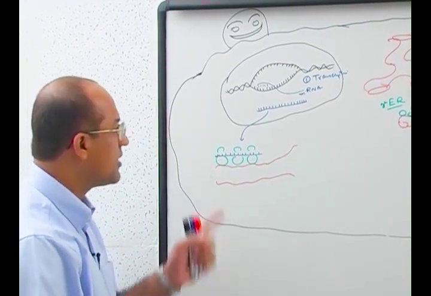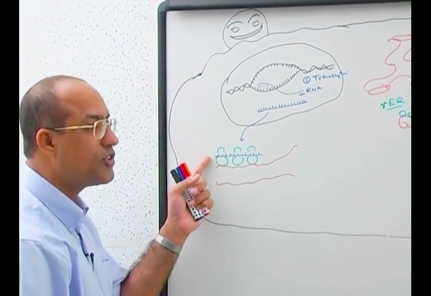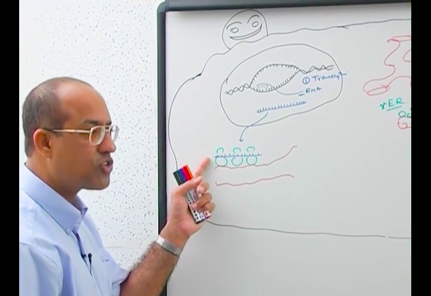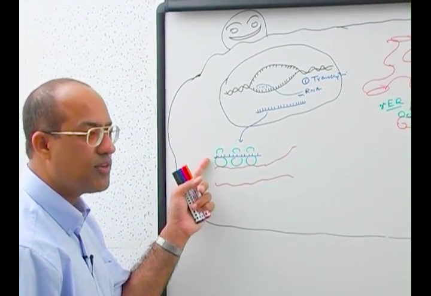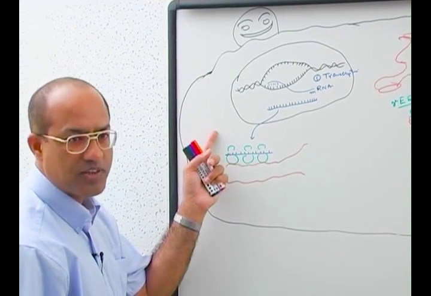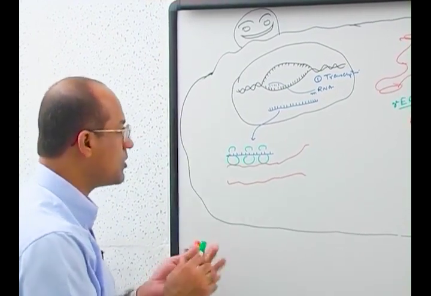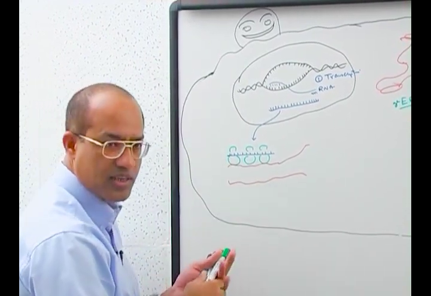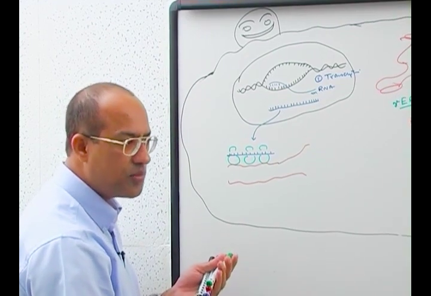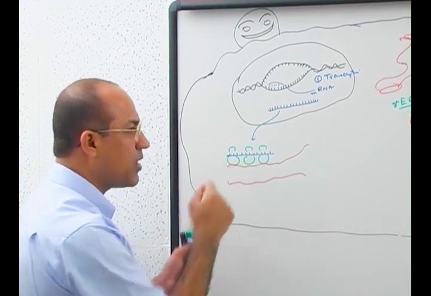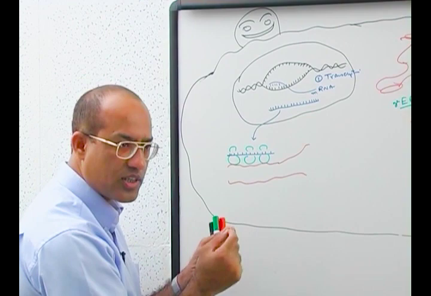Translation process means that messenger RNA sequence of nucleotides is translated into sequence of amino acids in the peptide chain, right? Of course, you already know that transfer RNAs will come here and they will bring amino acids, and then ribosomes will link the amino acids with each other, right?